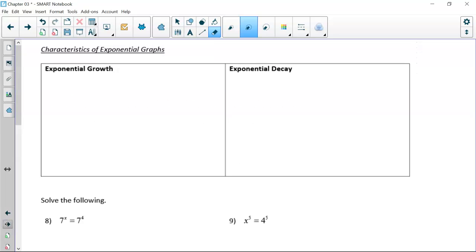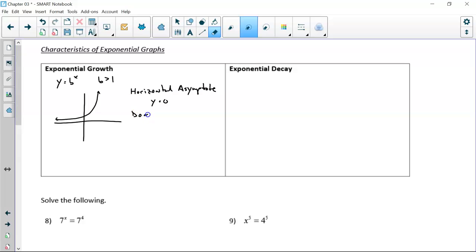For exponential growth, remember it's in that form of y equals b to the x, where b is greater than 1. They're going to have this basic shape to it. They're going to have a horizontal asymptote at y equals 0.